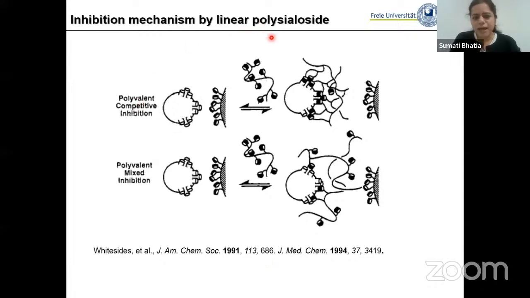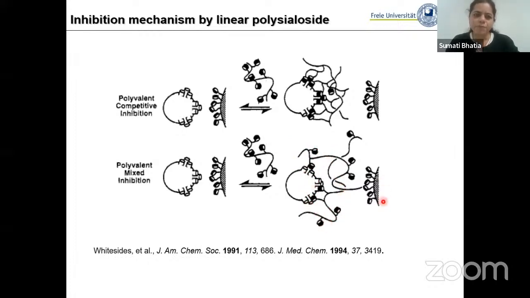They said if we design a linear polymer scaffold, as you see here, which is decorated with these sialic acid ligands, either it can bind with most of the glycoproteins on the virus surface, and the virus and cell binding adhesion is inhibited, or it can not only bind but also coil around the virus surface, so that even if it is not binding with all the glycoproteins, it is somehow shielding the virus surface from binding with the cell.